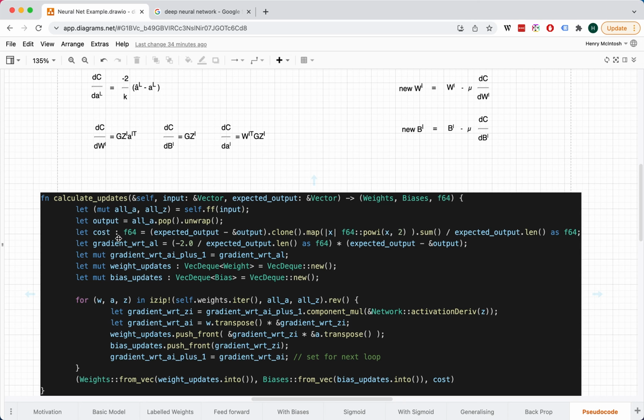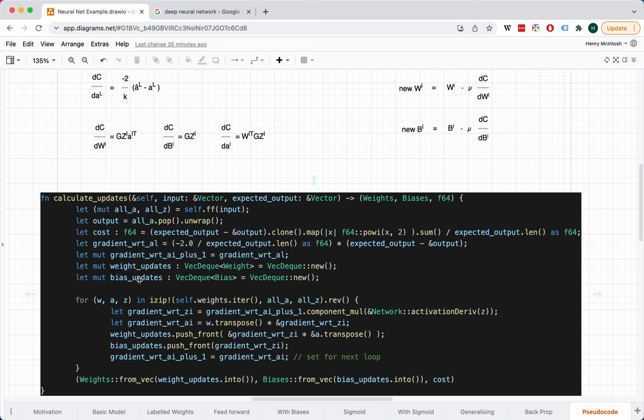Okay, so we've got the gradient with respect to AL, and that's exactly what we've got here, -2 on k times the expected output minus the output. Then we've got our gradient with respect to a of i plus 1, which is what we need for our definition of the gradient with respect to z of L, if you remember that. So we're just going to set that initially to be our gradient with respect to AL. I just separated these for clarity.